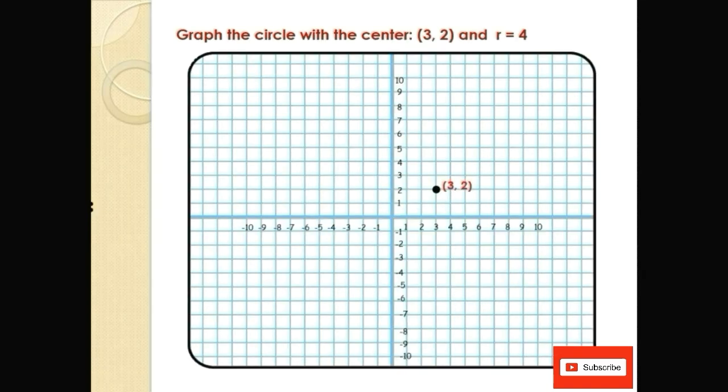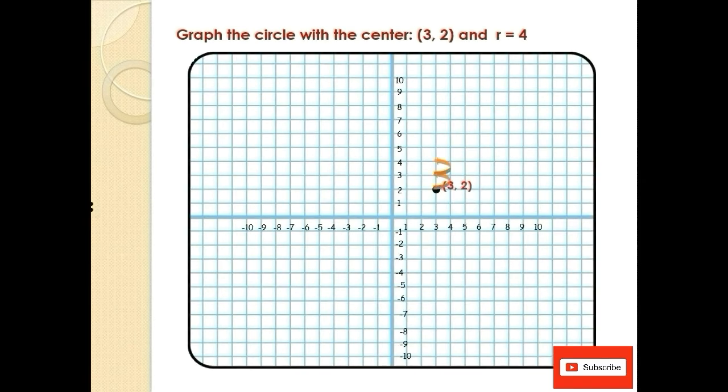Now, using our radius, let us identify 4 points on the circle. Connect all the points. There you have it. Your circle with center at point 3 and 2 and with radius of 4 units.